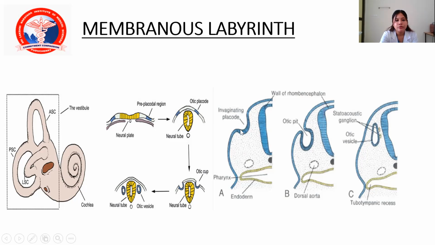The otic placode then invaginates into the underlying mesenchyme and forms the otic pit, or it is also called the otic cup. Now the two ends of this pit fuse together and it gets detached from the surface ectoderm.